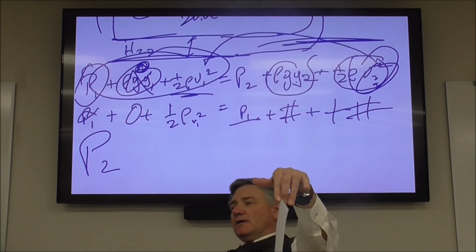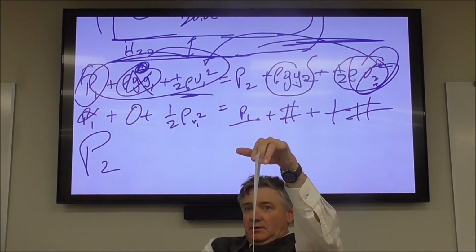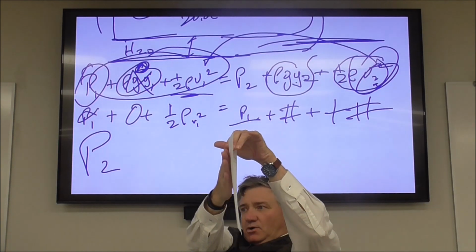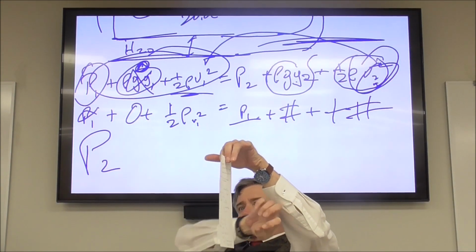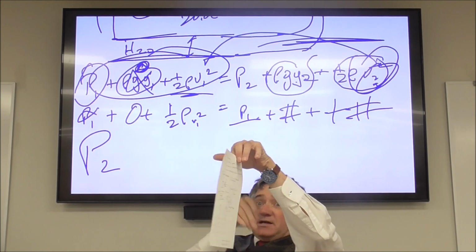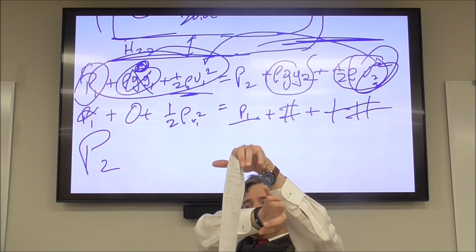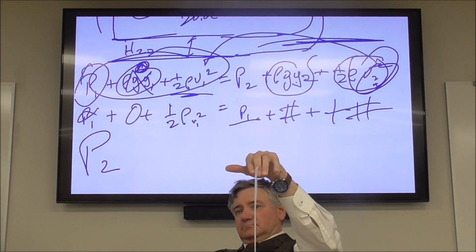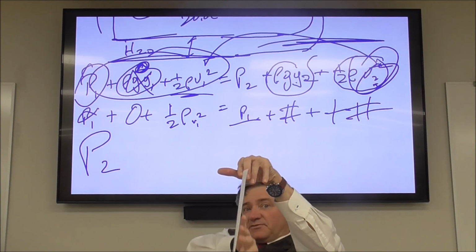Now, when I blow between the two, I'm directing that flow down here. So what's happening to the number of collisions on the outside of the paper? They stay the same. I'm not going to change the number of collisions on the outside.